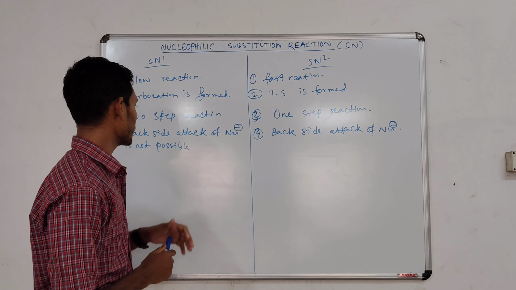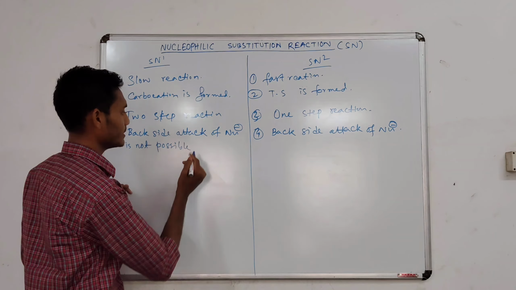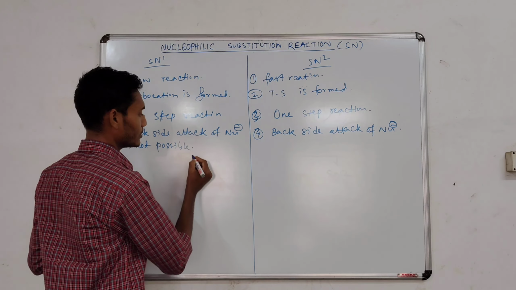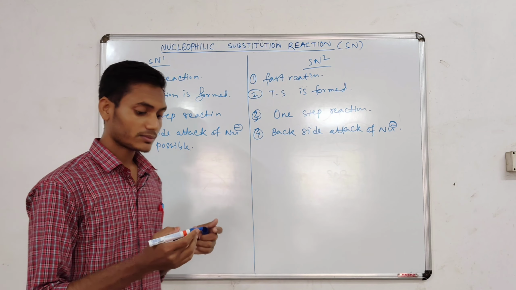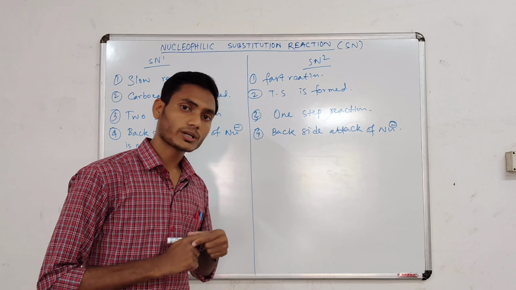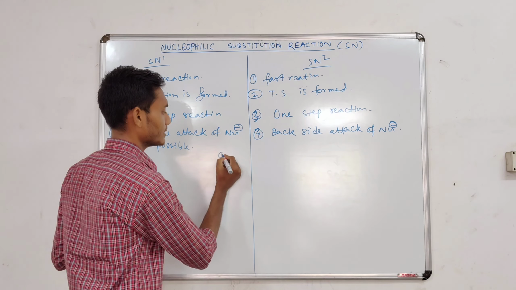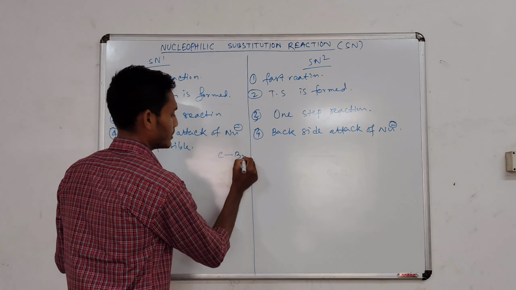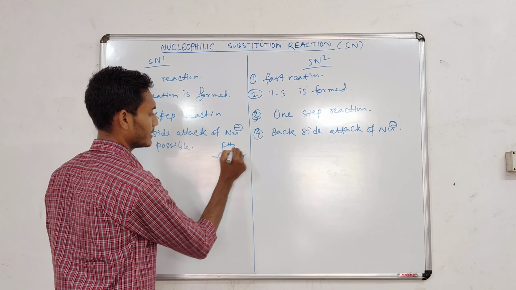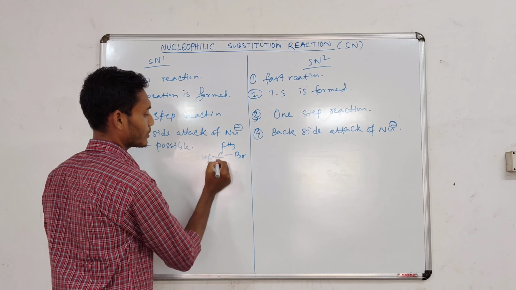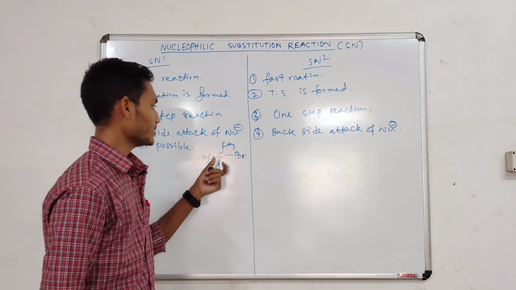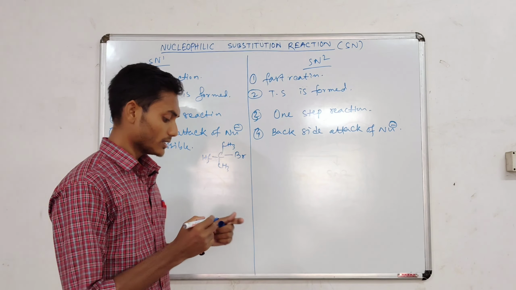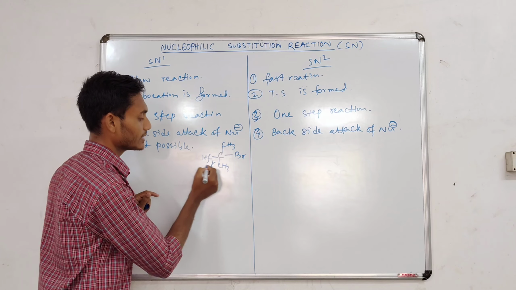We already know that in SN1 reaction, 3-degree carbocation is favorable. So in 3-degree alkyl halide, the carbon is attached with 3 larger groups, so steric hindrance occurs.